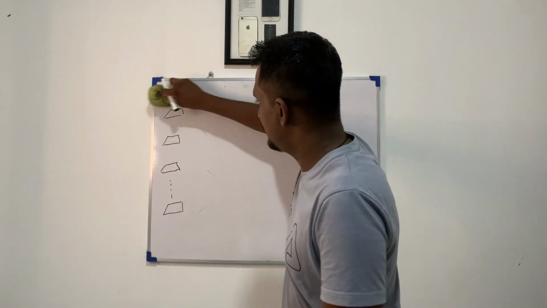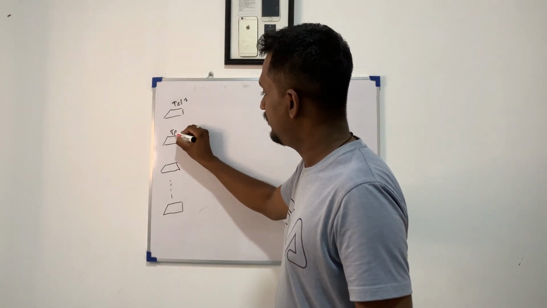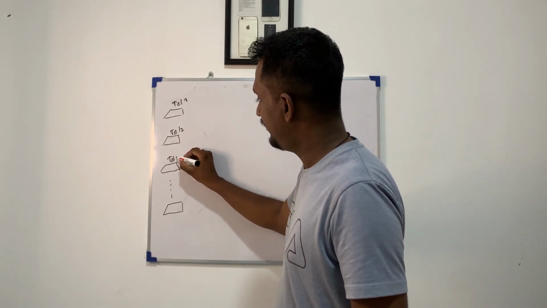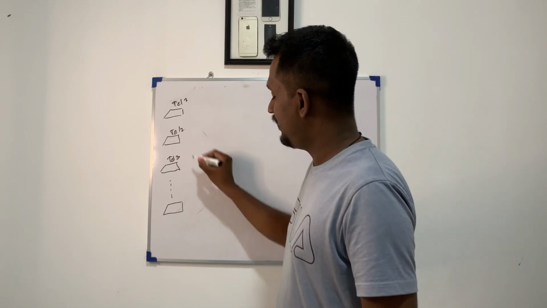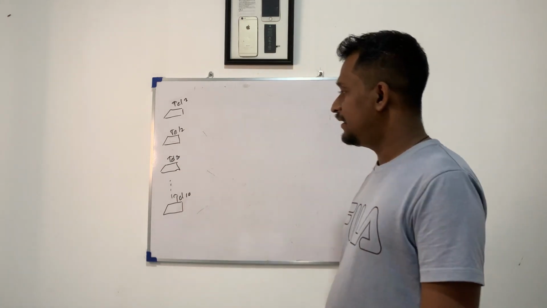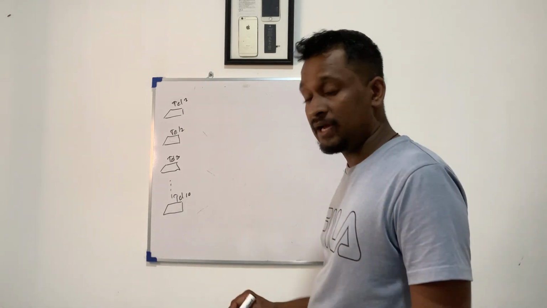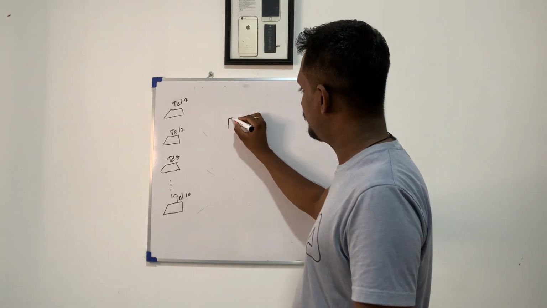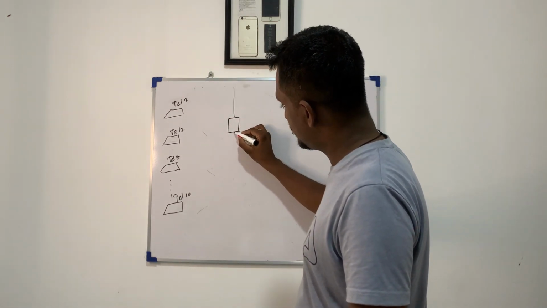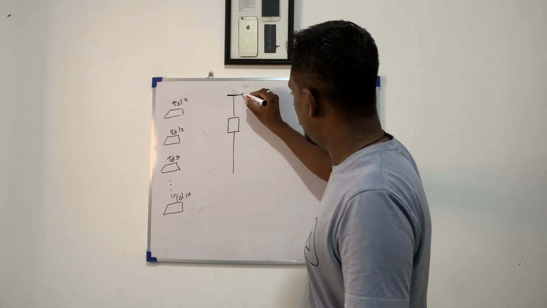It is better to write Tel 1. Tel means telephone. Tel 2, Tel 3, and Tel 10. So there are 10 telephones here. These telephones are connected to the unit which is located at the nearest telephone tower.